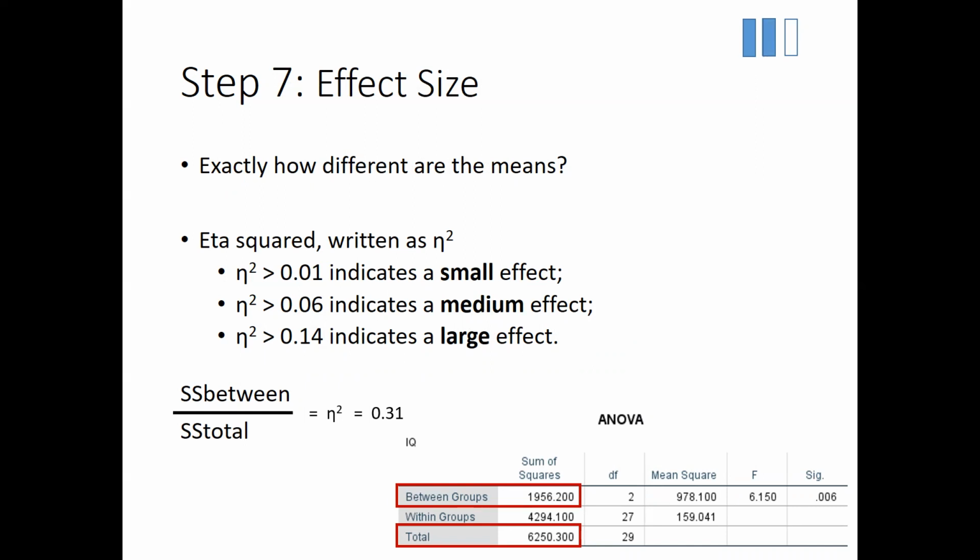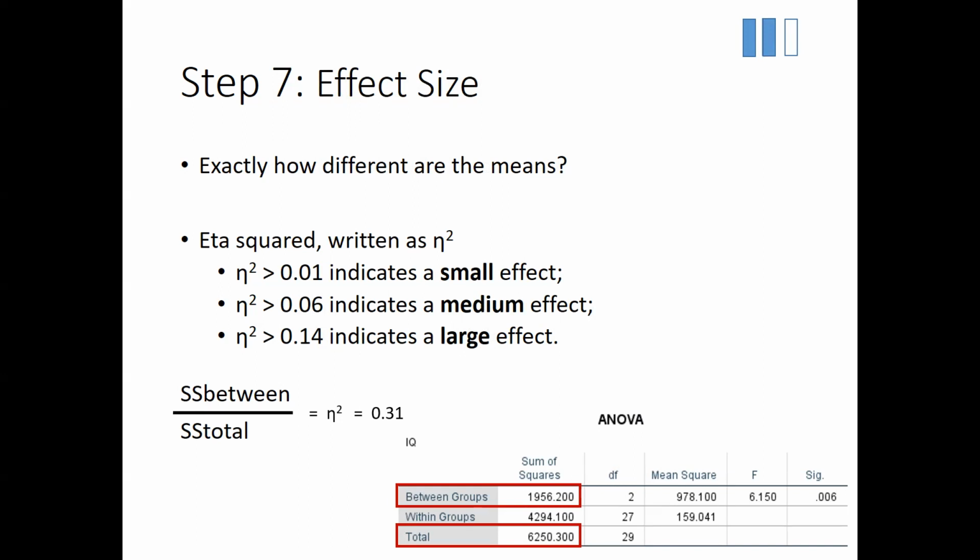Well, it's 4,294 here out of a total of 6,250. That's typical. We're always going to have more within group variance generally than between groups. But when we get to this amount of between group variance, then the schools themselves are seen to be statistically different.